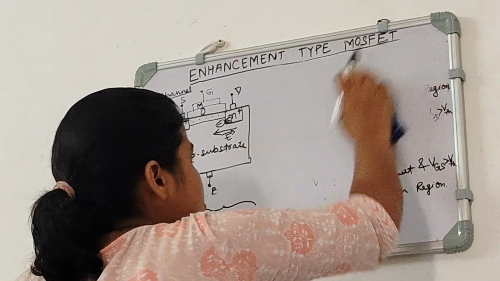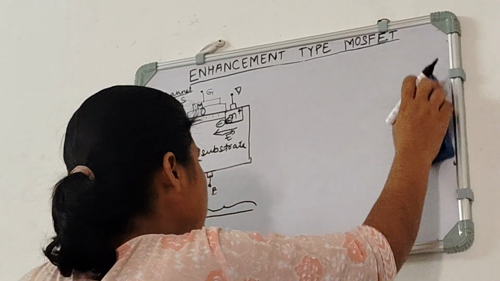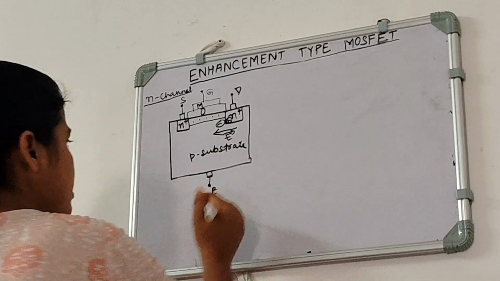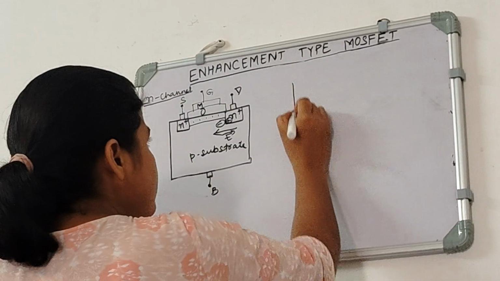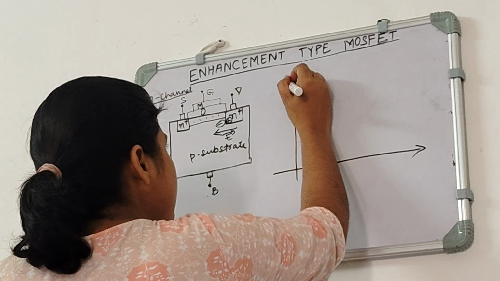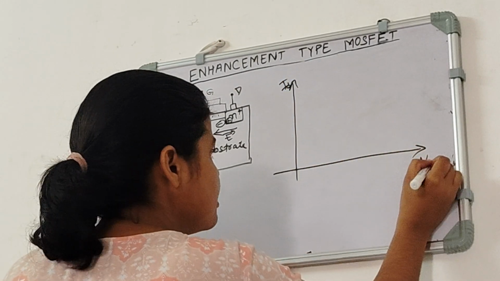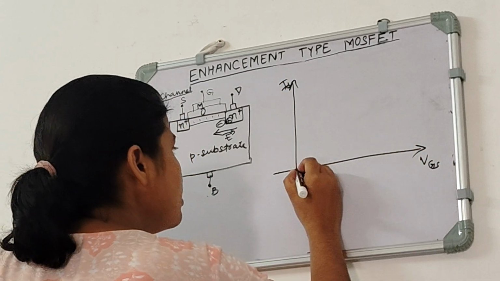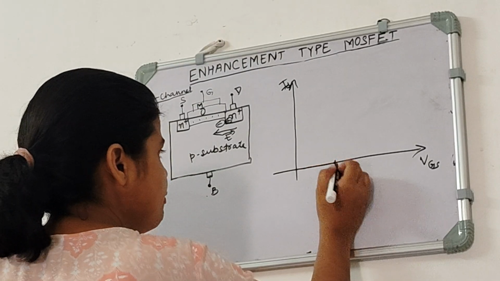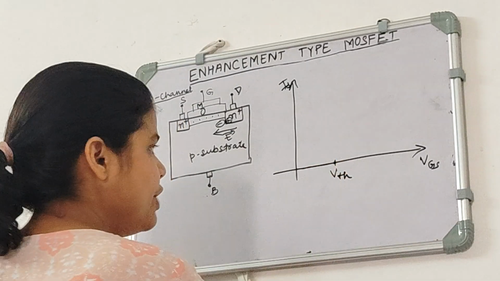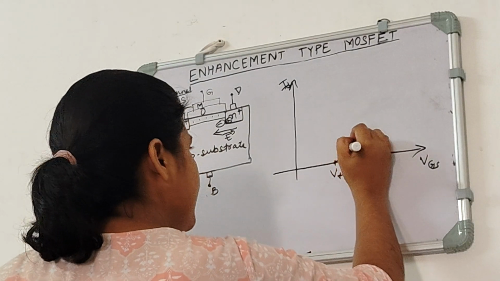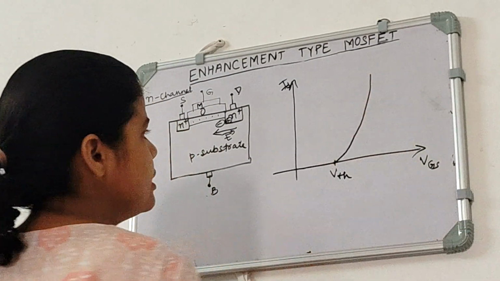So let me remove this also. Now we can see that this is ID and this is VGS. So up to a certain VGS, and that certain VGS is called VTH, up to VTH we have 0 ID, and after VTH our ID starts increasing.